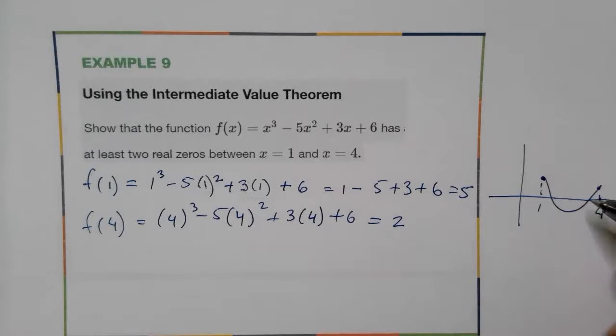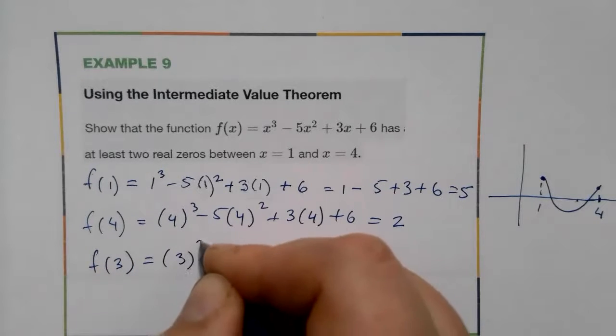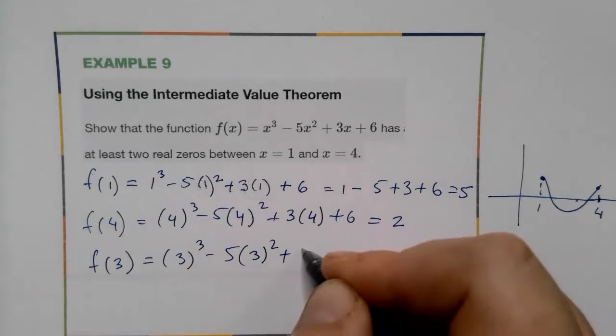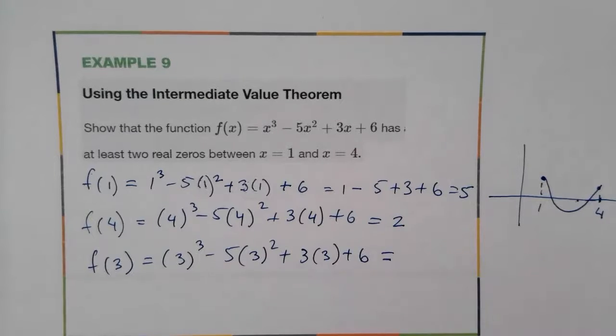But then if those are positive as well, I would check the values in between, which could be a tedious process, but let's hope that we'll catch that negative value right away. So let's try 3. f of 3 is 3 cubed minus 5 times 3 squared plus 3 times 3 plus 6. All right. And bingo, I got a value of -3.